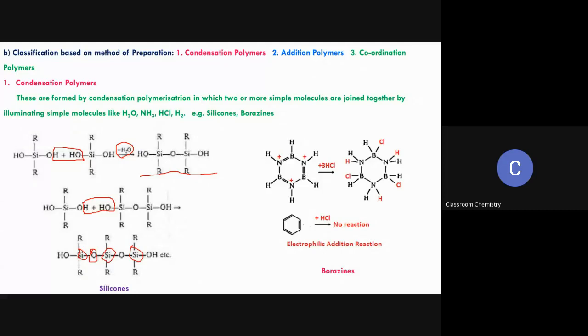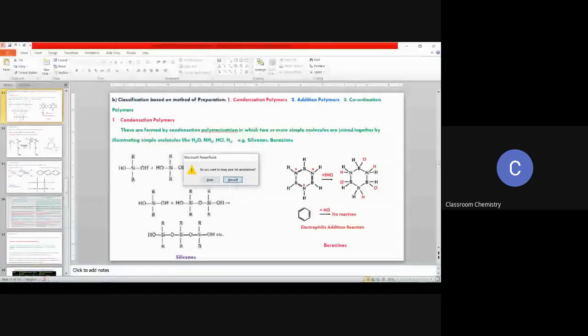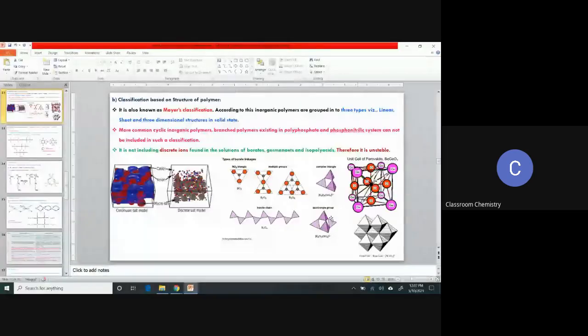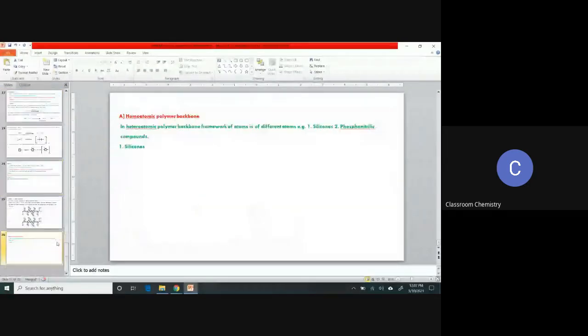So both oxygen and silicon atoms are present in the framework, and these two atoms are different. That is why silicones come under the class of heteroatomic polymers.